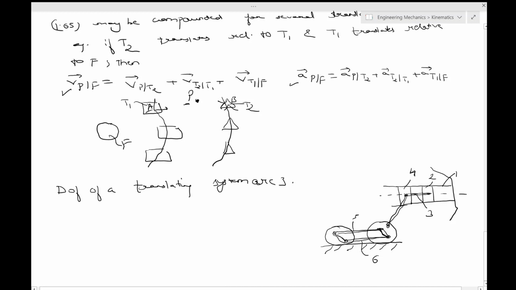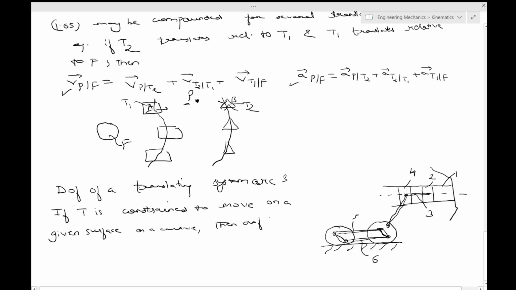So if t is constrained to move on a given surface or a curve, then degrees of freedom will be 2 or 1, respectively.